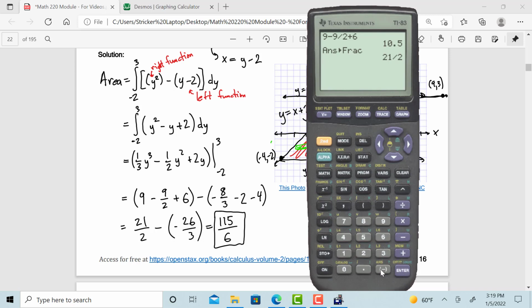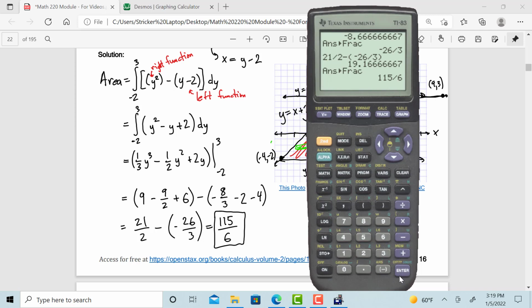And then we have negative 8 over 3 minus 2 minus 4. Turn that into a fraction. You get negative 26 over 3. And then you just go 21 over 2 minus a negative 26 over 3. Turn that into a fraction. You get 115 over 6.